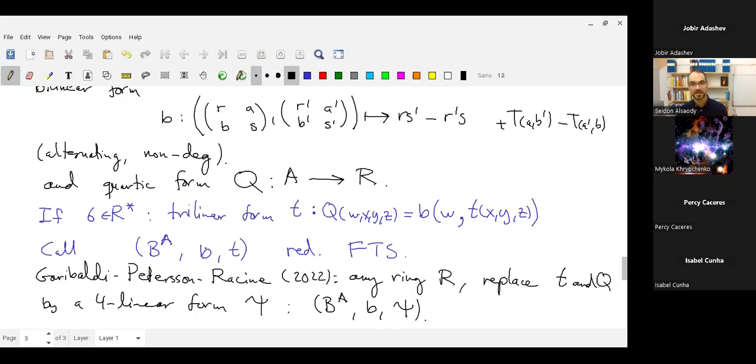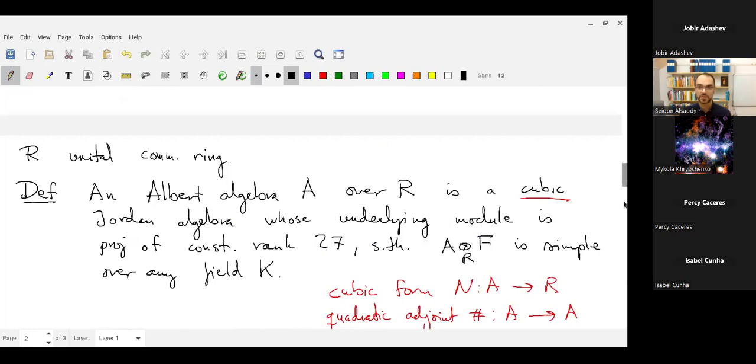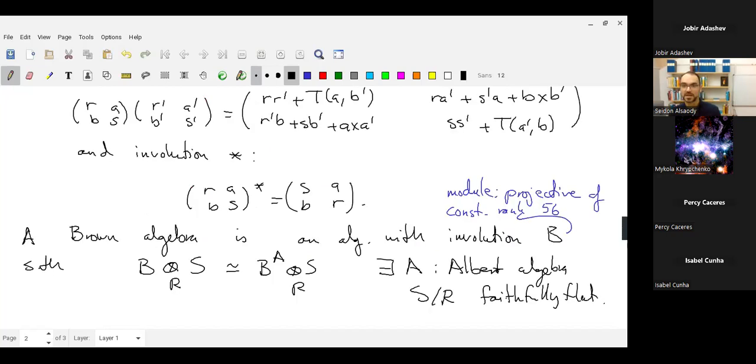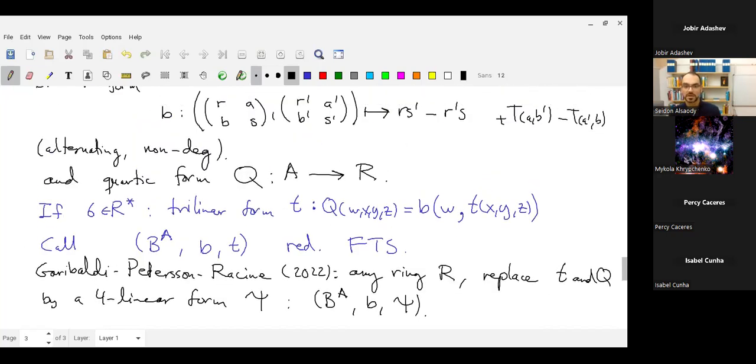And so losing that would, so remember what I wanted to do. If we go back, I want to have some form to define these varieties, spheres and stuff. So I want one quartic form. And so that is why the actual results that I will present to you require 6 to be invertible.